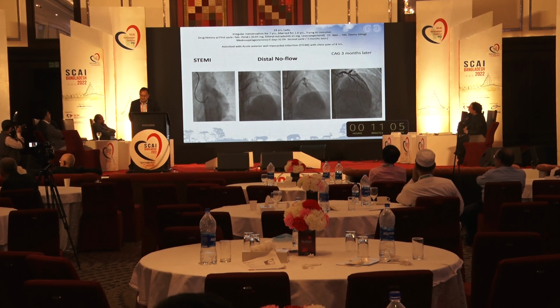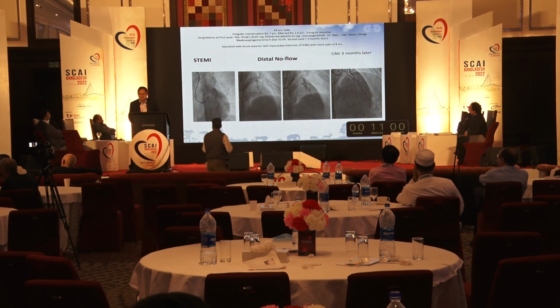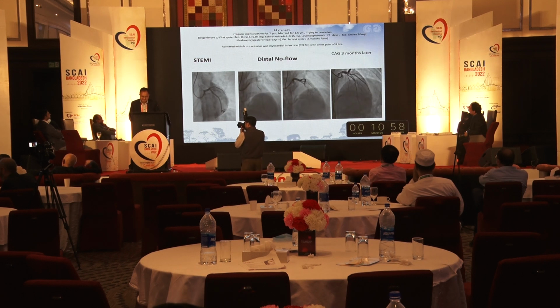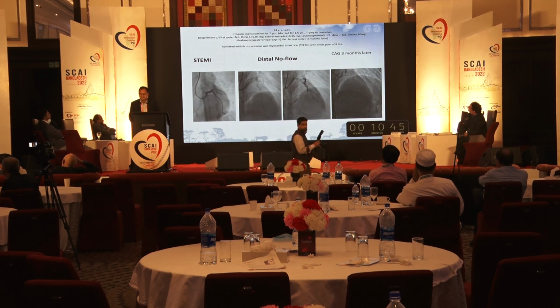Then this patient was taken to the cath lab, we passed the wire and tried to dilate the balloon with repeated thrombus suctions. The distal flow was normal. We left this patient and did a check angiogram after 3 months, where you can see recanalization. So this was a case of spontaneous coronary artery dissection.